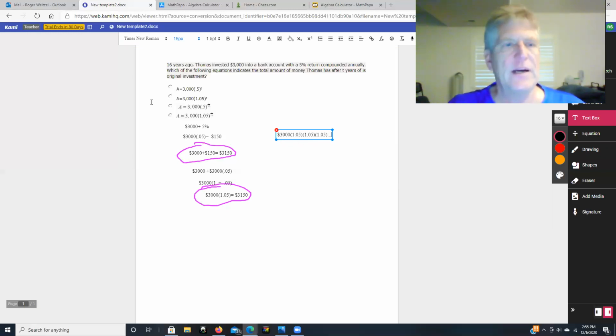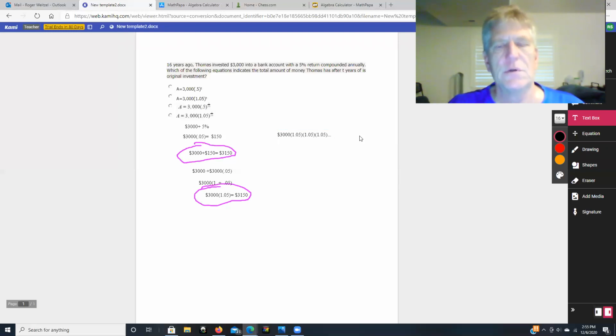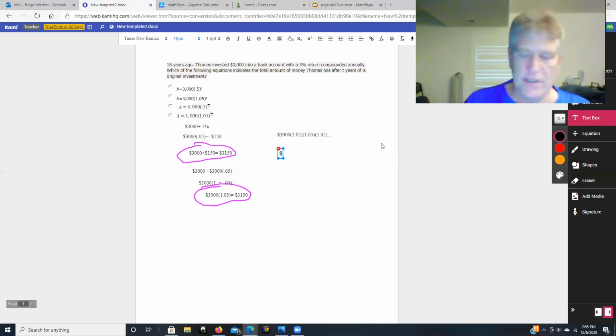So if we have 2 times 2 times 2, we know that that's 2 to the 3rd power. We can do the same thing here. So what we're doing is taking 3,000, multiplying it by 1.05, and we're raising that to the 16th power.